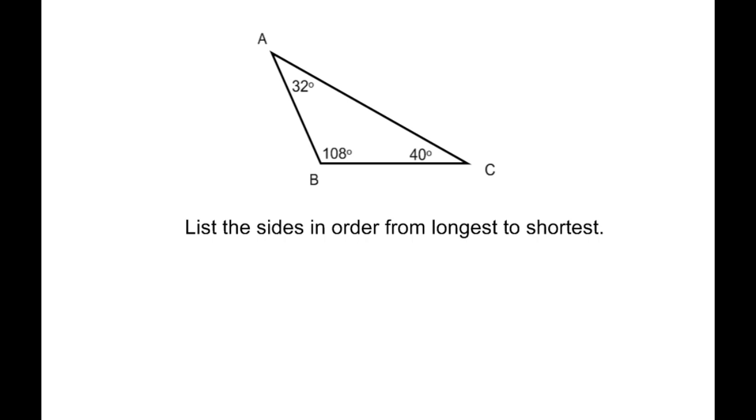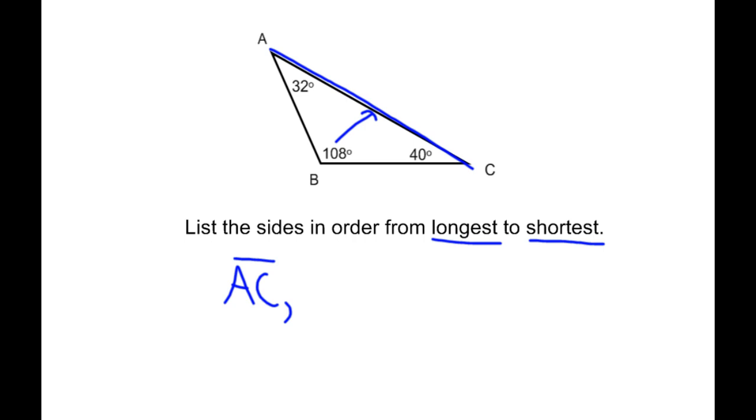All right, so here's an example. I'm going to list the sides in order from longest to shortest, but if you notice, I don't actually have the side lengths, but I do have the angle measures. So if I'm listing from the longest to the shortest, that means I need to look for the biggest angle measure, go across from that. So AC here is going to be my longest side. Then we're going to go in order from there.